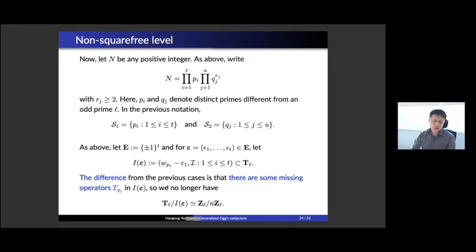However, there is a difference from these factors. We kind of lose some operators T_{q_j}. So in this ring, we don't know what the eigenvalues of T_{q_j} are modulo this ideal. So we cannot have this isomorphism.